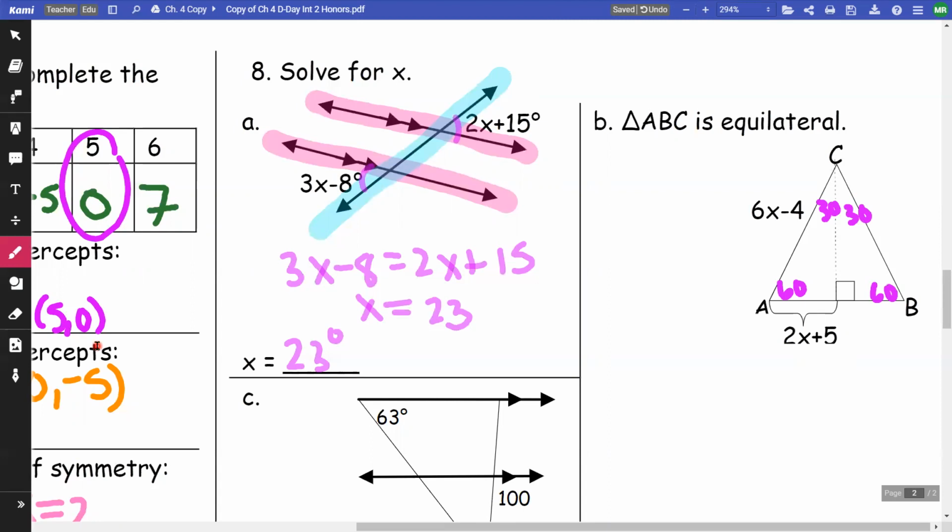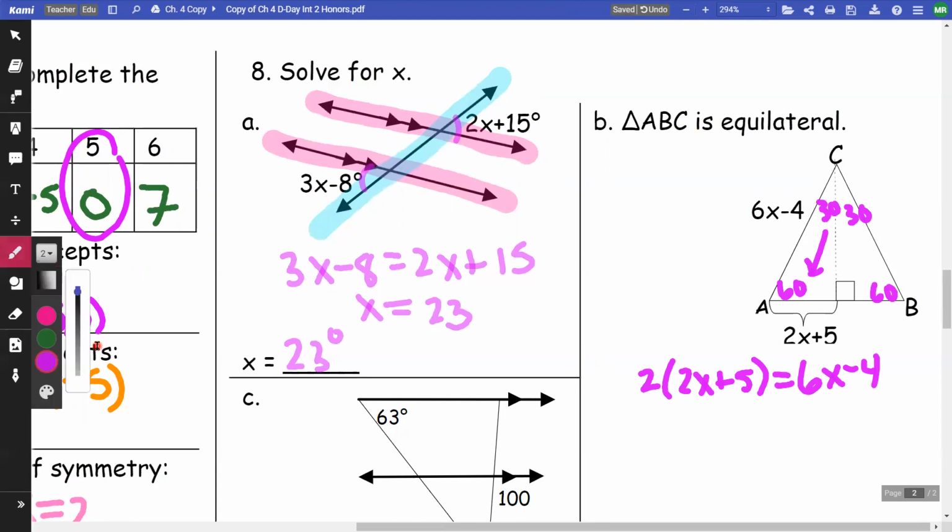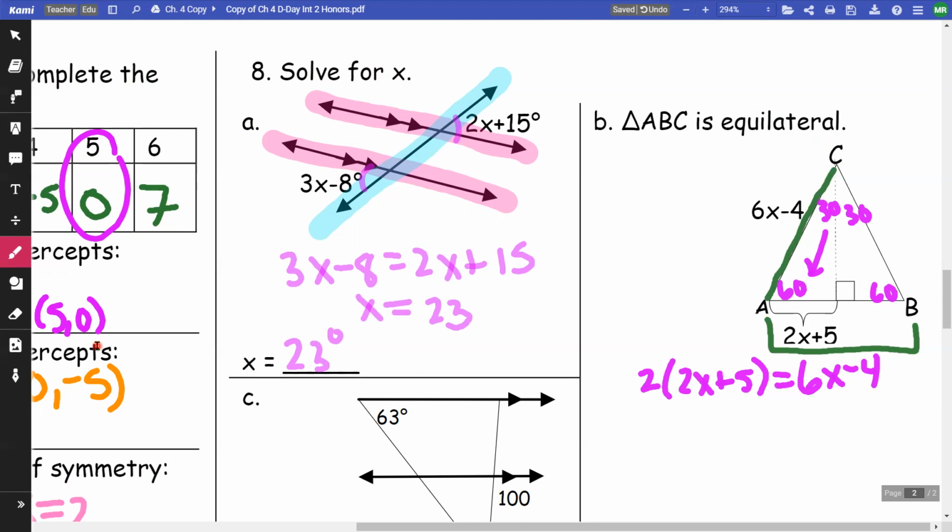And what I know is that the one across from the 30, which is 2x plus 5, if I double that, I get my hypotenuse, which is 6x minus 4. Another way to think about it is just thinking about it as an equilateral, that this whole distance is going to be the same as this. And if that first half is 2x plus 5, then this is a 2x plus 5.